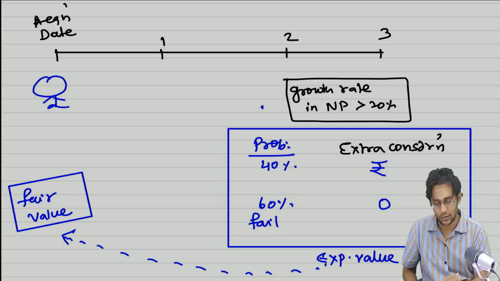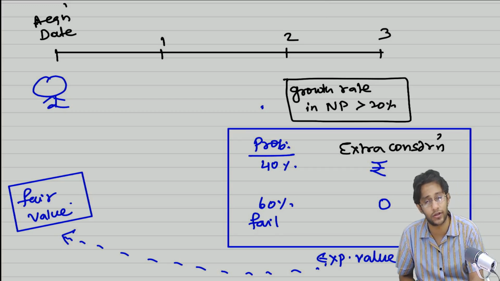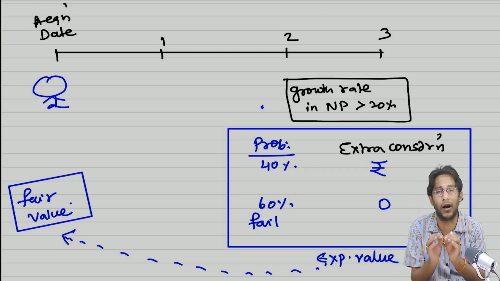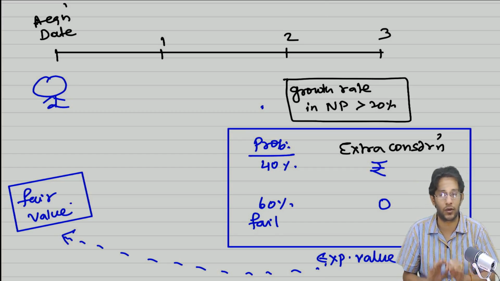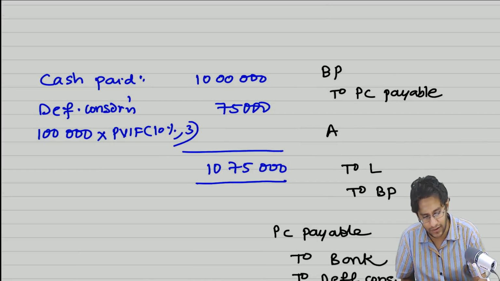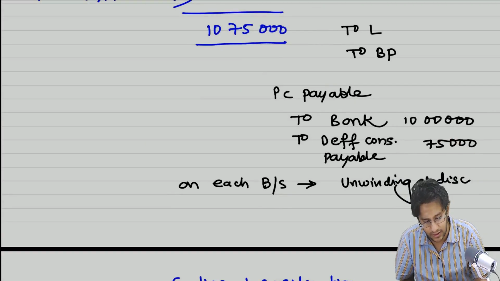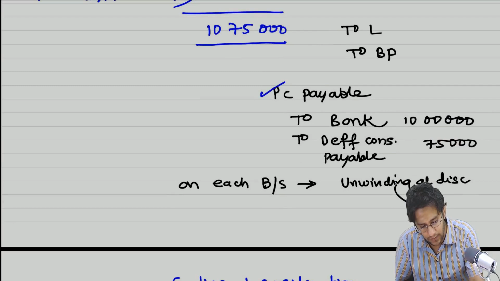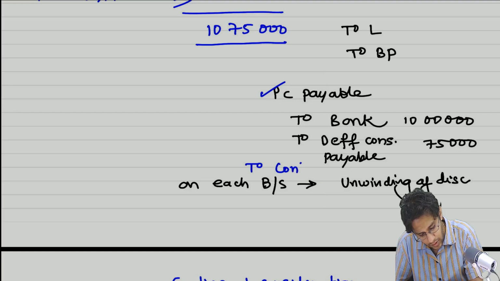So this fair value of contingent consideration should be included as part of your PC. So, sir, how to account for this? Again, same thing. First entry is this, second entry is this, third entry, you will also write contingent consideration payable.